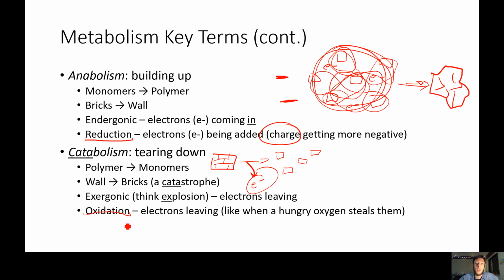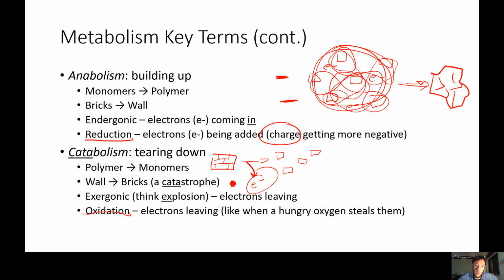And so before we really understood how electrons worked, all we observed is that a lot of times things broke down when oxygen was introduced. Because oxygen is very electronegative, we found out later on, and so it's taking electrons away from other structures, right?